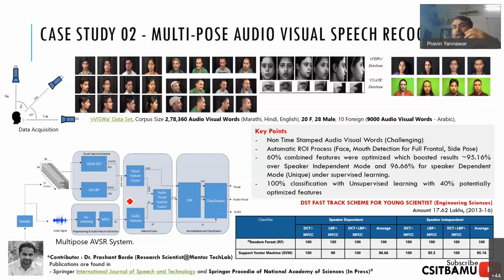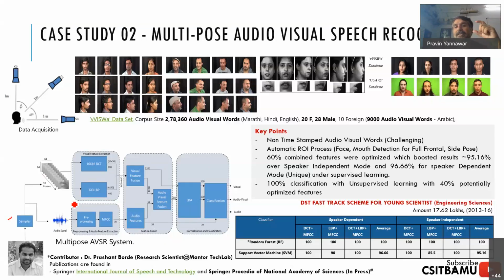Okay, higher accuracy. If you look here, you'll find that there is a sampler, which is sampling the audio signal and video signal. Then the entire video signal is converted into frames, and from those frames you need to identify the face components.